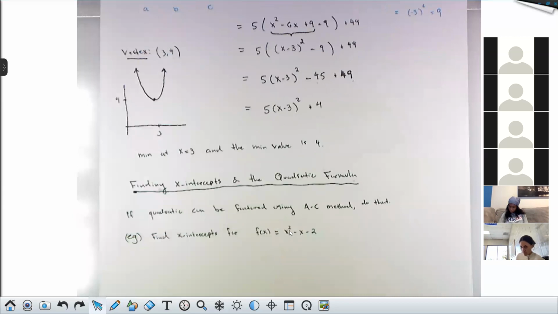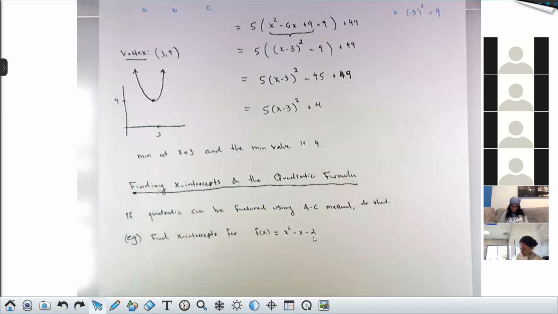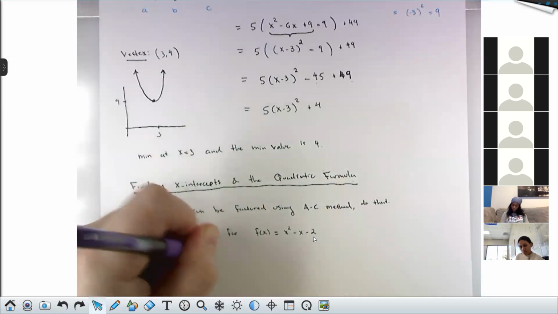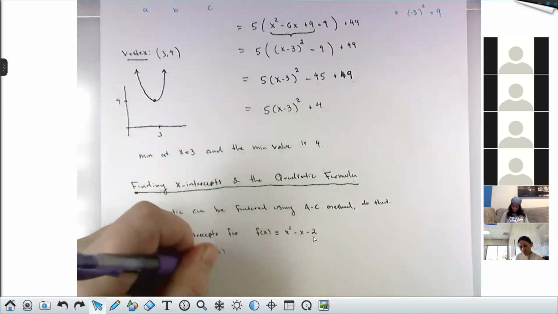You take this number and this number, right, which are c and a. You multiply them. So a is 1, c is -2. 1 times -2 is -2. And then you find two numbers that add up to the middle guy and multiply to a times c. B here is -1.